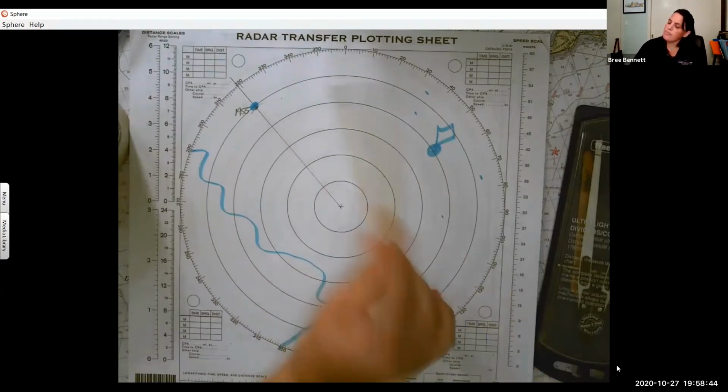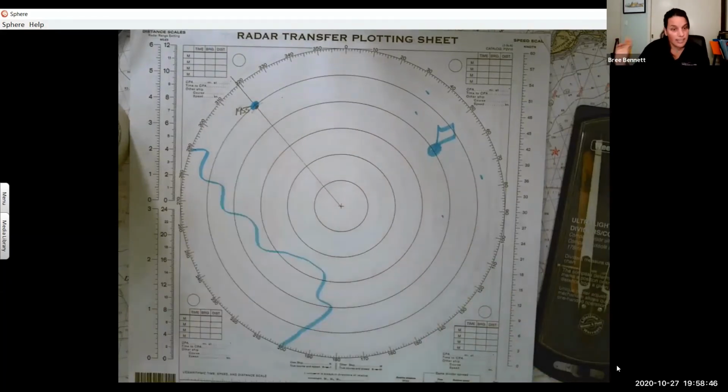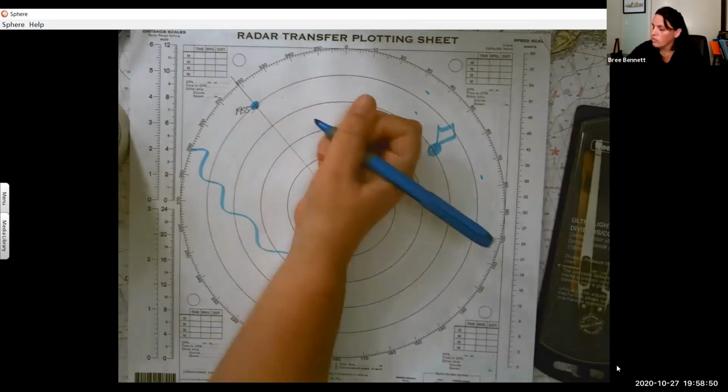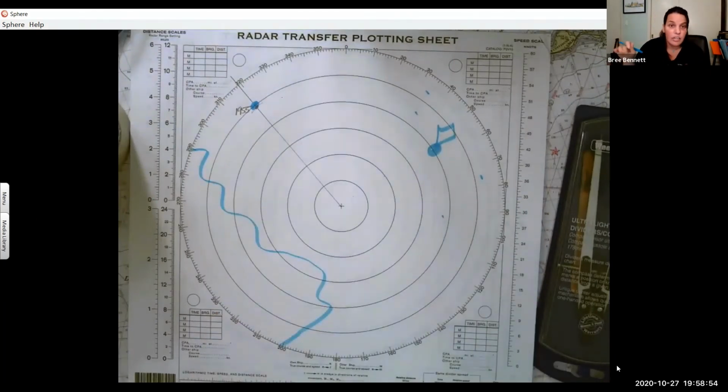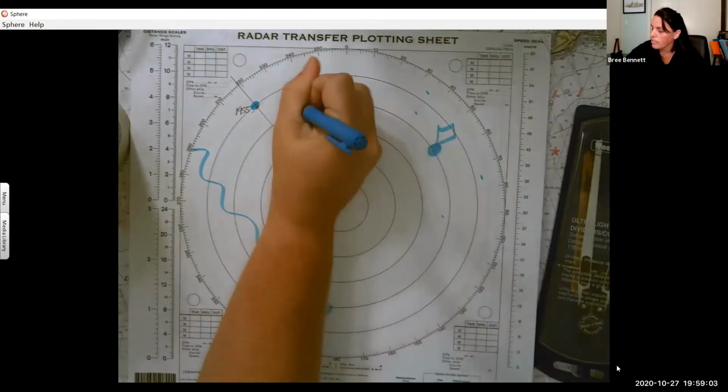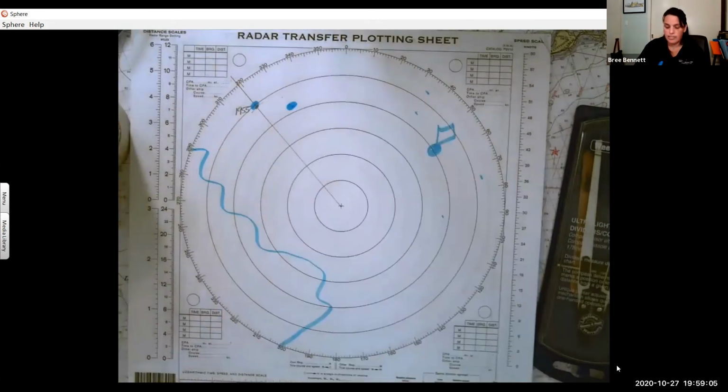Okay, so 6 minutes later, I am going to see where that blip is again. So I'm going to see range and bearing, or VRM and EBL, on my radar scope. Let's say it's right there. 6 minutes later.